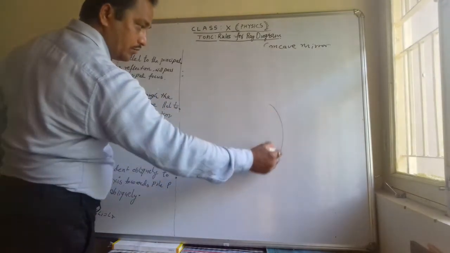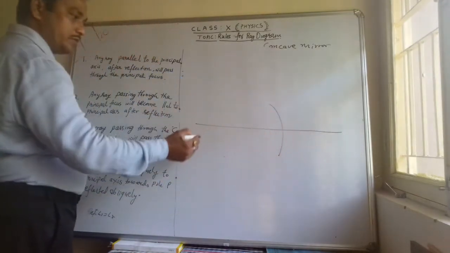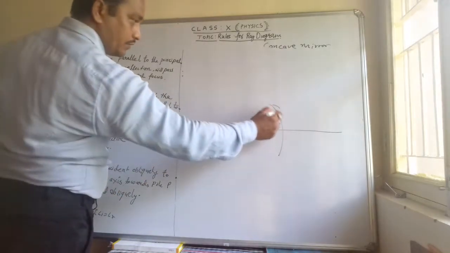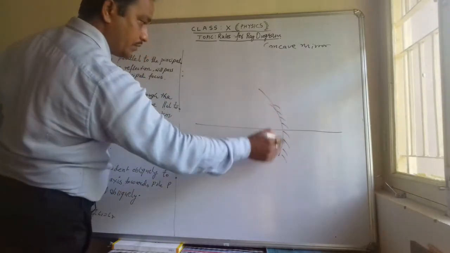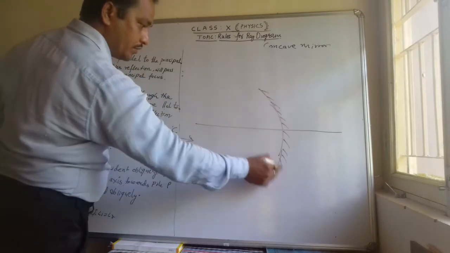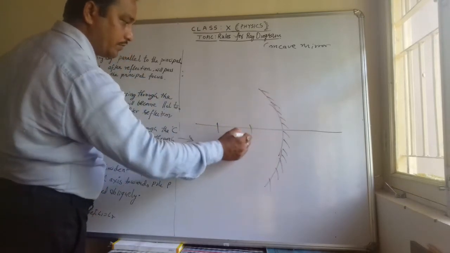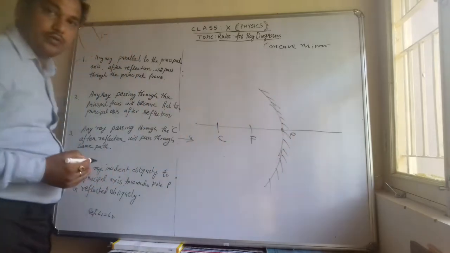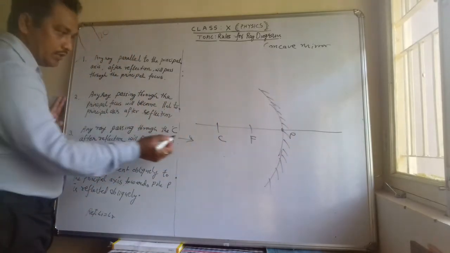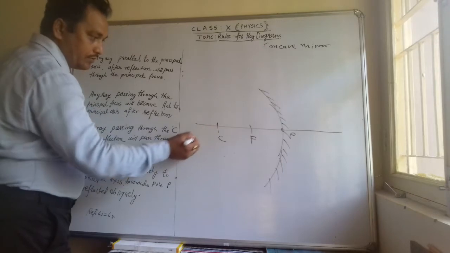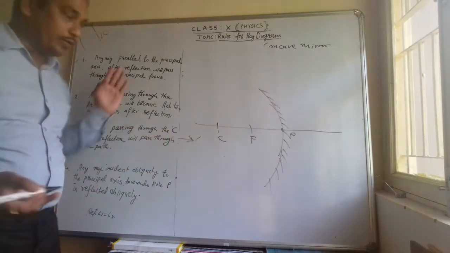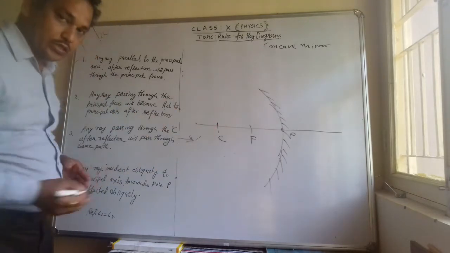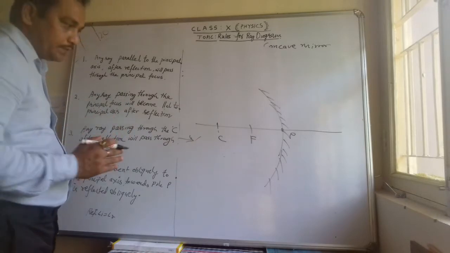So this is the mirror, this is the principal axis. Any ray which is going from the center of curvature, like this in the diagram, can be in any direction, from any direction passing through C depending upon the object.